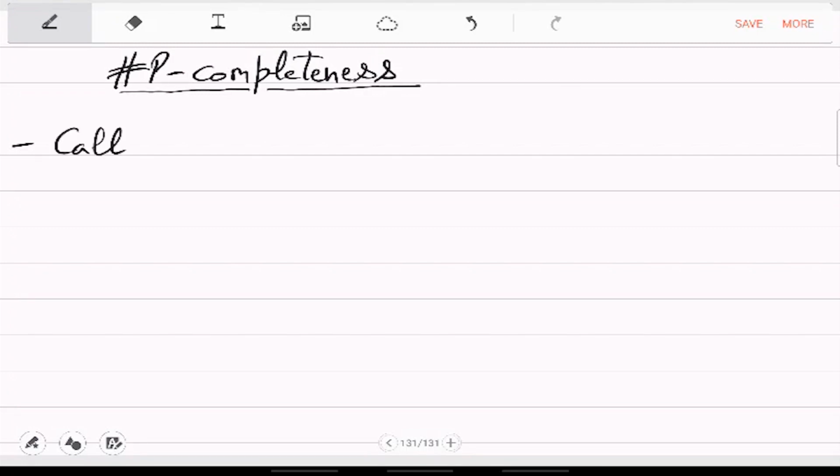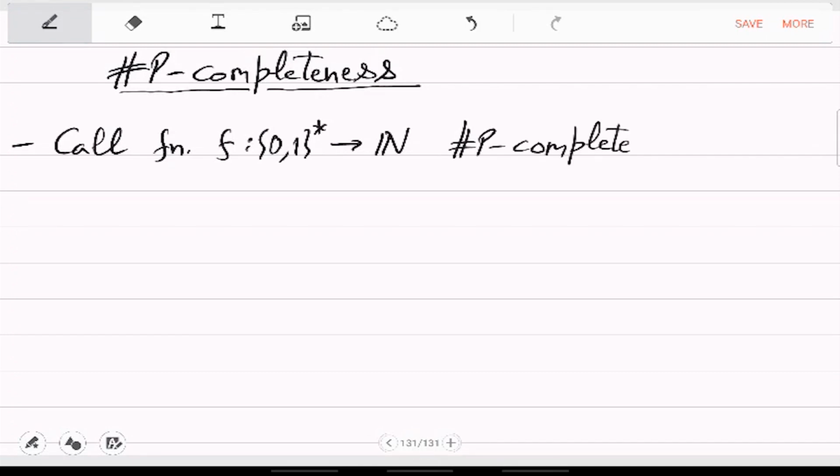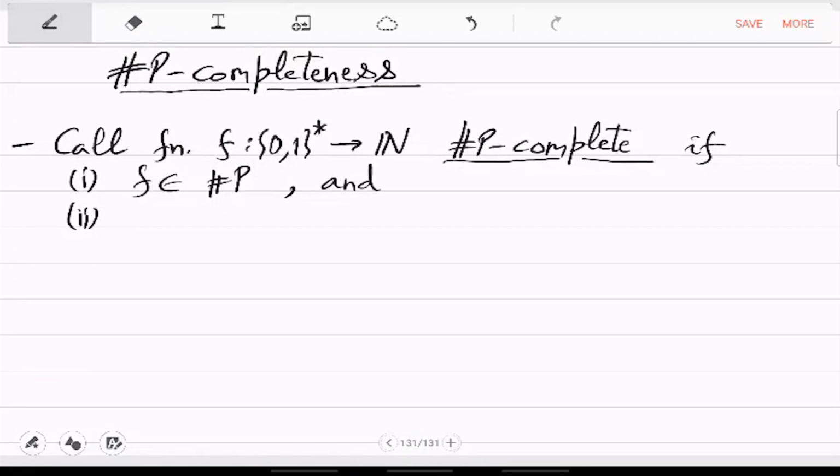So call function f #P complete if, first of all, it should be in #P itself, and every problem in #P should reduce to this function.